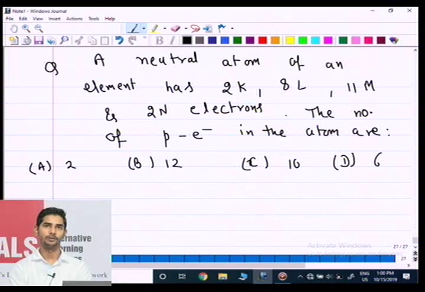Okay, very good. Who has got this answer? If all of you have got the same answer, you can write all. If not, then please mention yourself. Okay, Annie has got this answer.